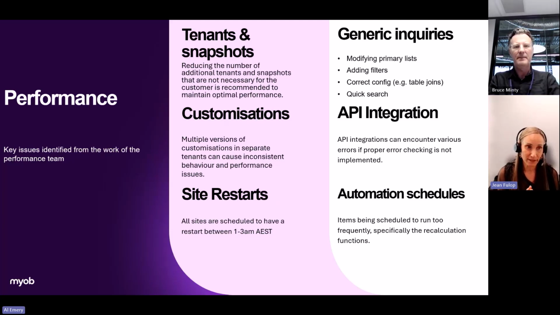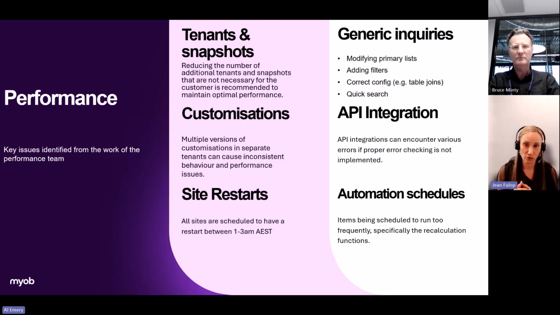Another area is the automation schedules. We have found that there are issues with how some of those automation schedules are being set. For example, there may be no end date defined, which consumes excessive resources while it's running.